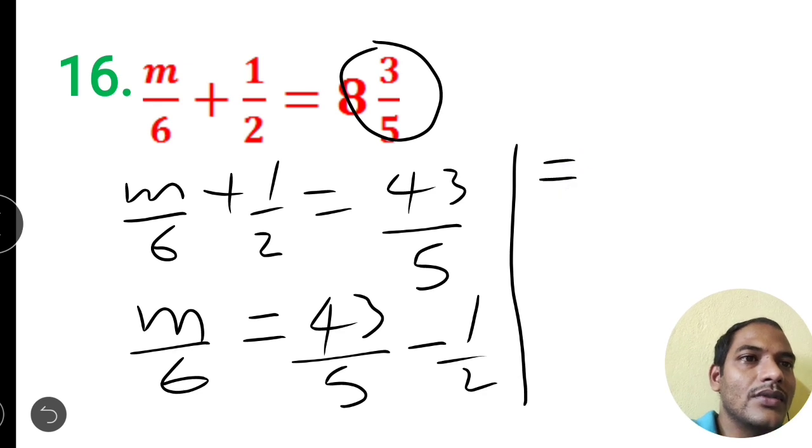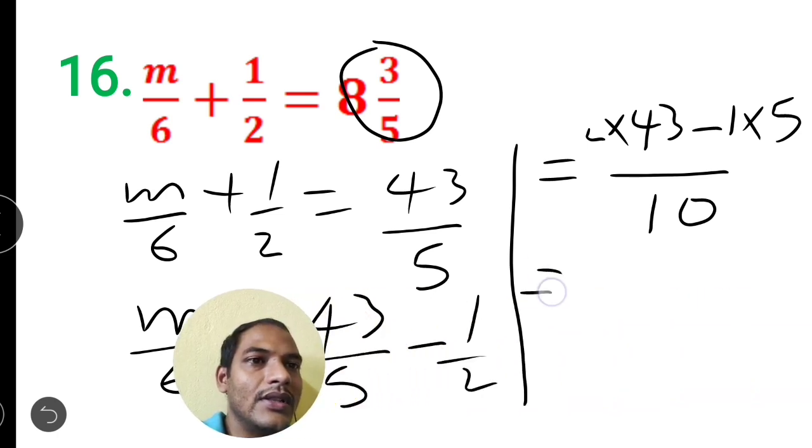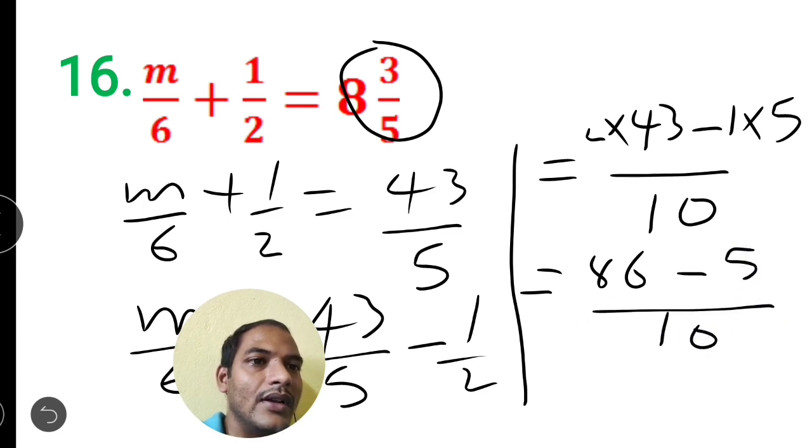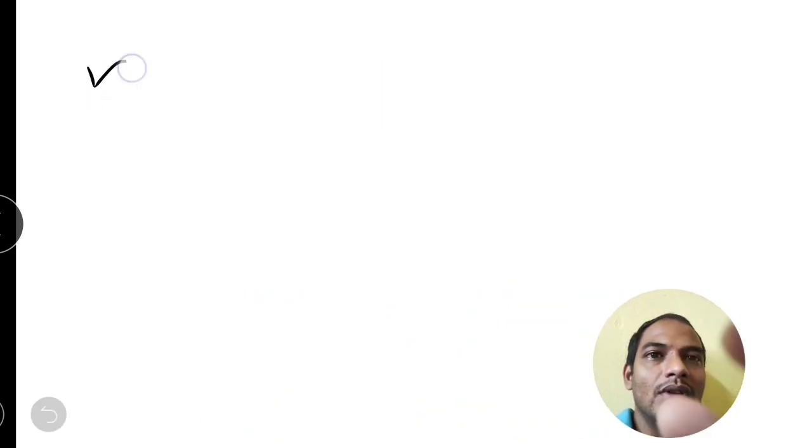So it is equals to the LCM of 5 comma 2, which is 10, because both are prime numbers, so the LCM is their product. So now 2 into 43 minus 1 into 5. So 2 into 43 is 86, minus 1 into 5 is 5, divided by 10. Now 86 minus 5 is 81 divided by 10. So it is equals to m by 6.